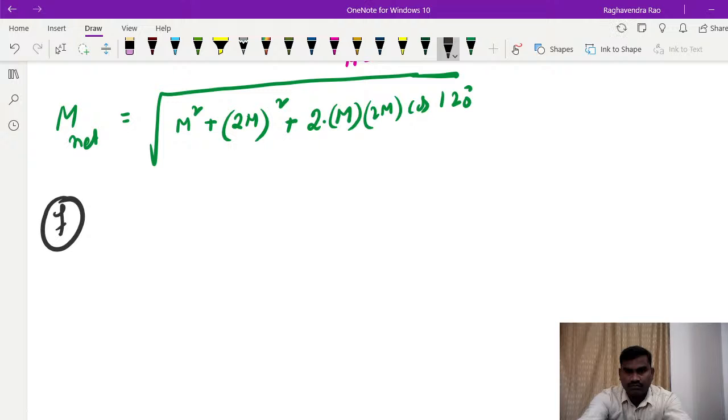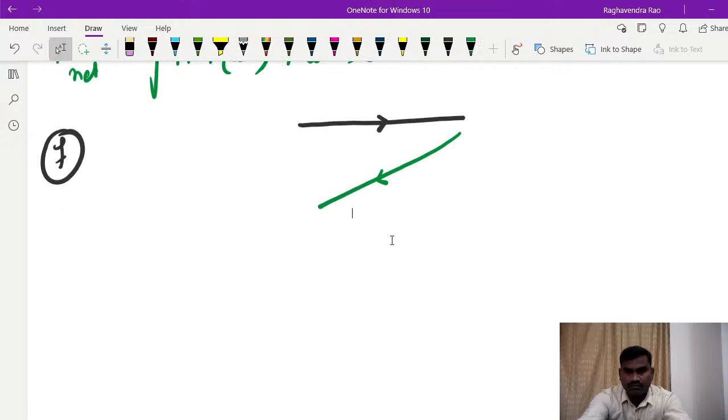Now identical magnets are arranged like this. For example, this is one magnet, one bar magnet, of magnetic moment m. Another magnet is placed like this. This is the third one.